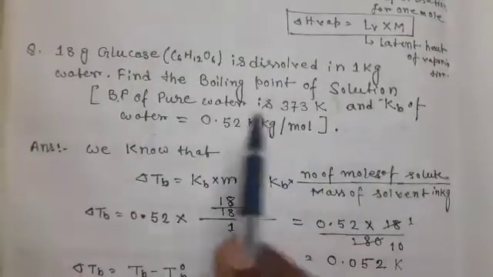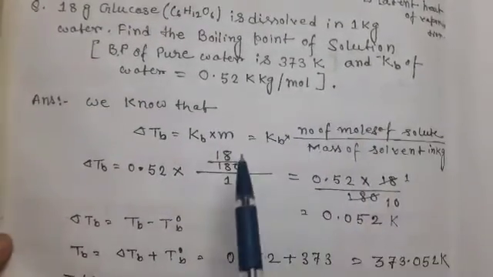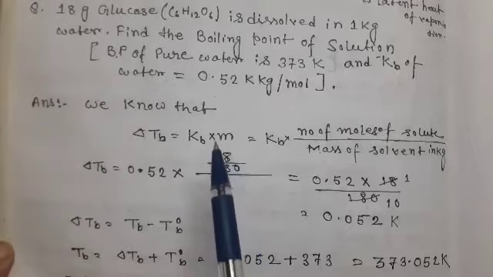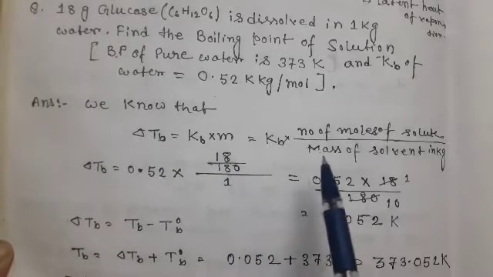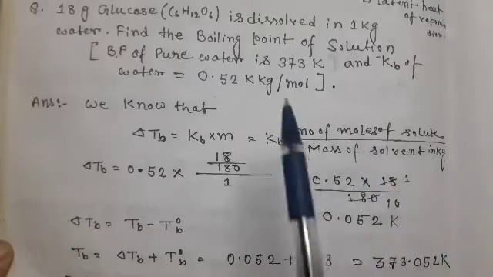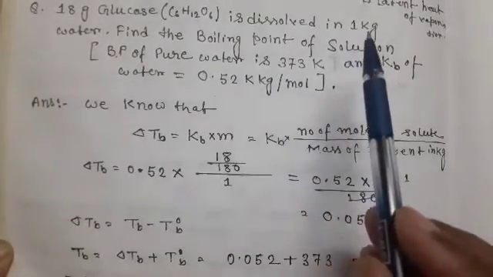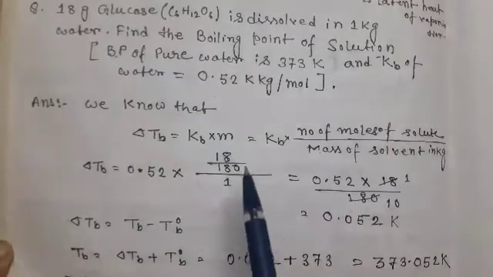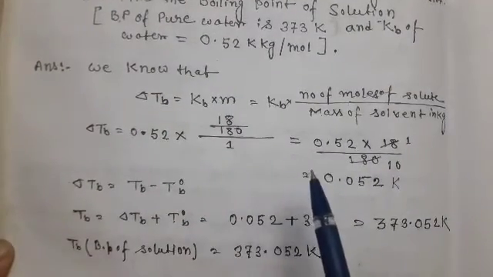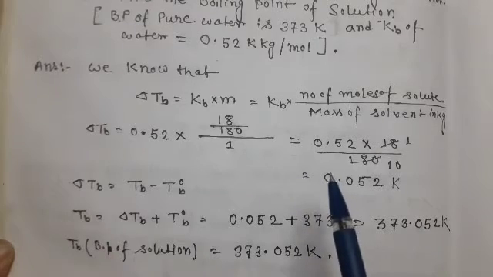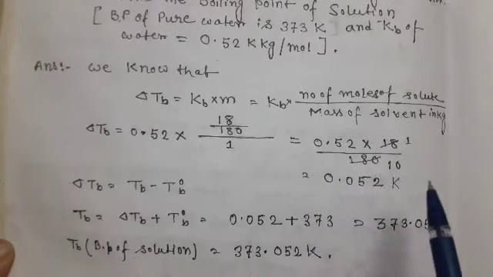Here given mass of the solute is 18 gram, divided by molar mass of glucose, that is 180 gram, and mass of the solvent in kg. Here the mass of the solvent is also given, that is 1 kg. So put this value, 1 kg. After calculation we get the value of delta Tb, that is 0.052 Kelvin.